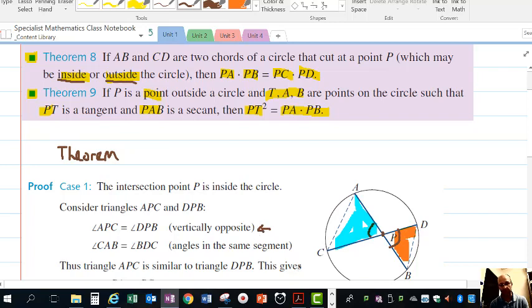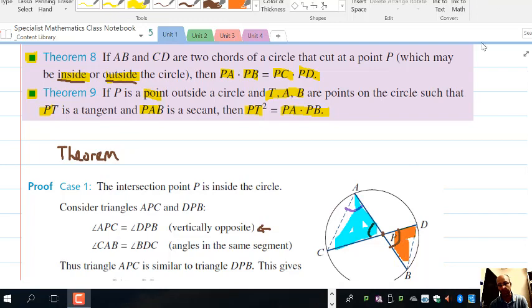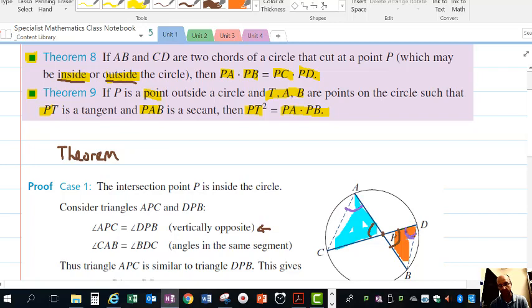We also have CAB, which I'll mark in, and we have BDC. Okay, so both of those marked in.